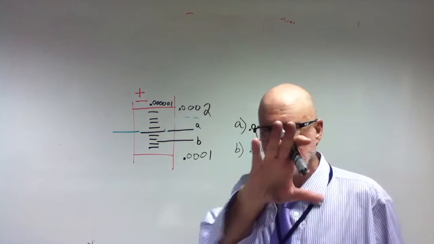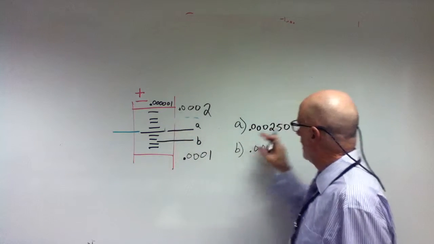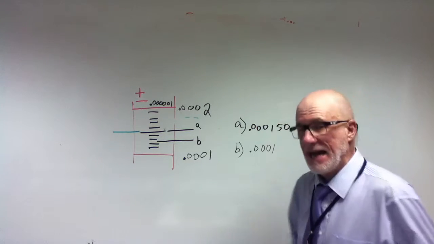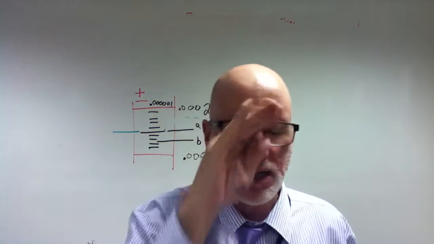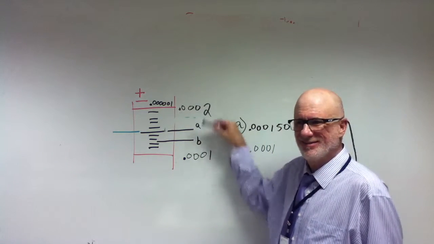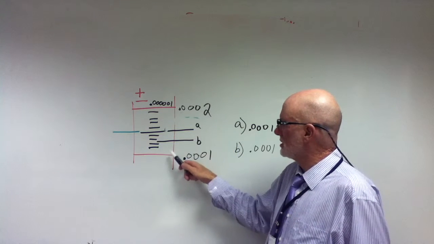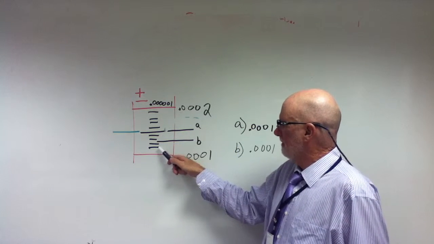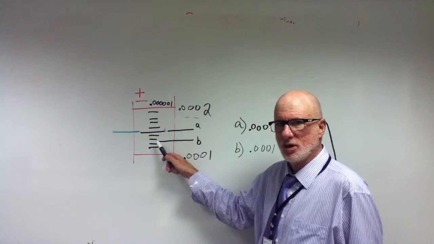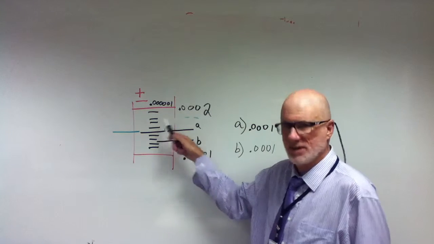I made a mistake, sorry. This should be 1, 5. I made a very common mistake, and that is you go the wrong direction. So it's always from the smaller to the larger. So this is 0.00011, 0.00002, 12, 13, 14, 15, etc.